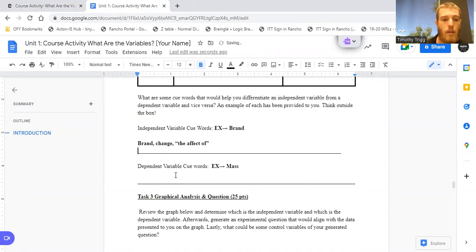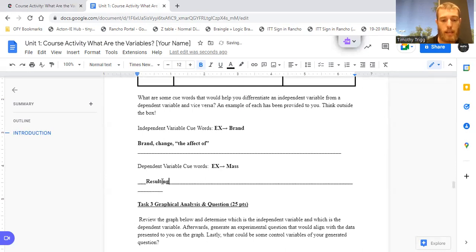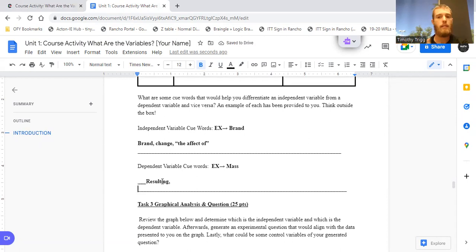Okay. Those aren't the only things. A lot of times you just have to read and kind of understand what's being said or being tested. The dependent variable might be the result, resulting, right? So if you hear the word resulting, like, oh, what's the resulting mass? So mass could be another one. Or height could be another one.